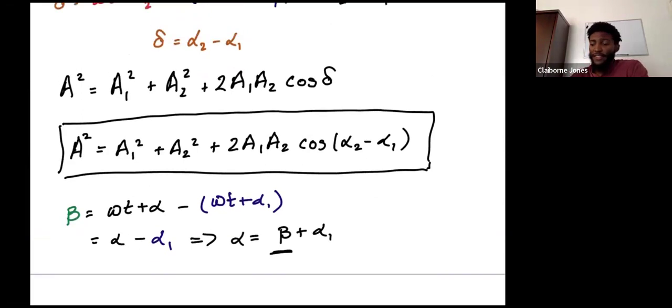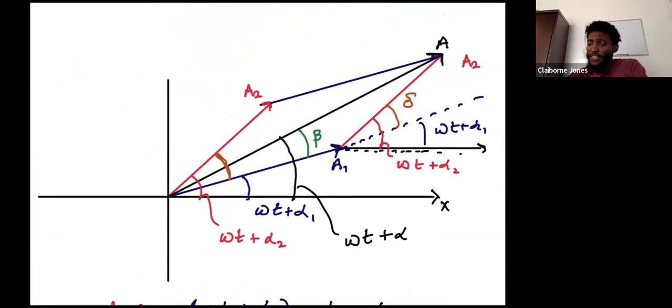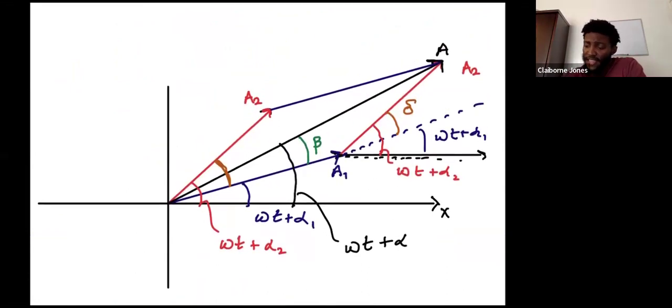I hope it's pretty clear to see from this graph that A splits this parallelogram that's composed of A2 and A1, right? It splits this. So whatever this angle beta is, it must be half the angle of delta. I hope that's clear. It would take two betas to make one delta, right? Maybe I should draw it over here to make it even more clear.